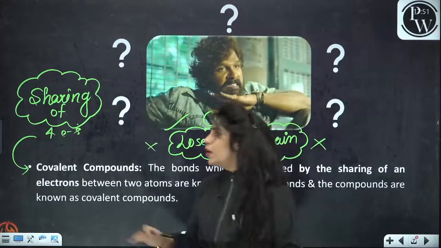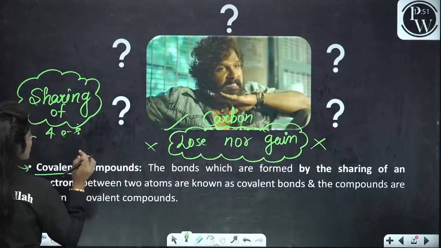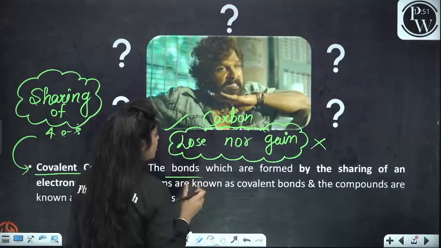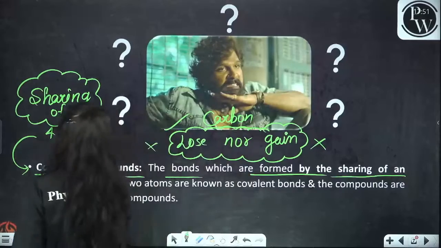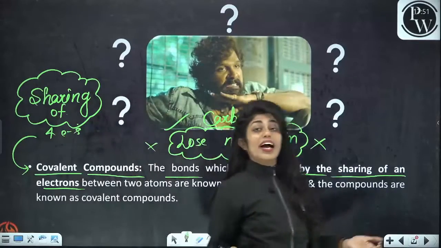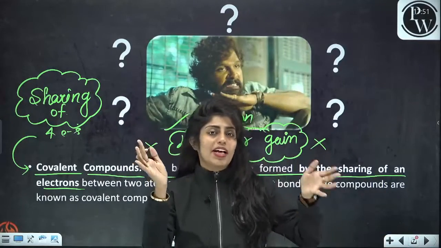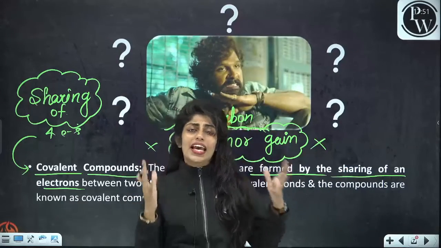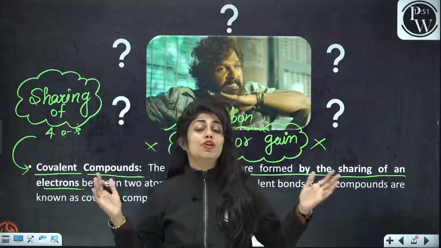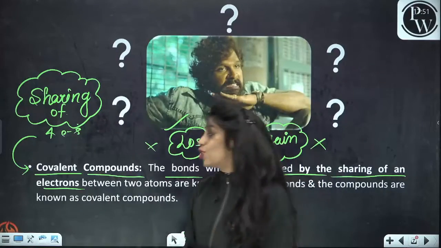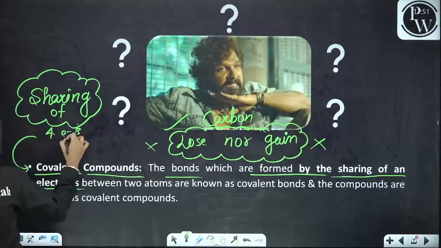Now, if we talk about covalent compounds, they are bonded by the sharing of electrons between two atoms, right? It can be carbon and carbon, it can be carbon and hydrogen, any other atom. So basically the concept is carbon is forming n number of compounds by sharing of electrons, making the covalent bond.